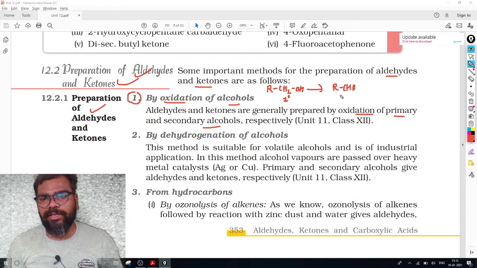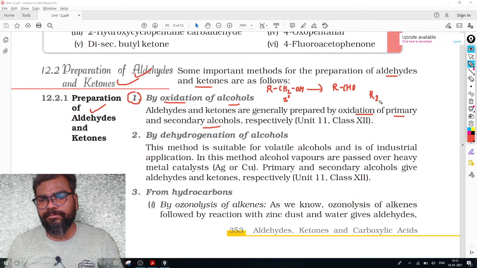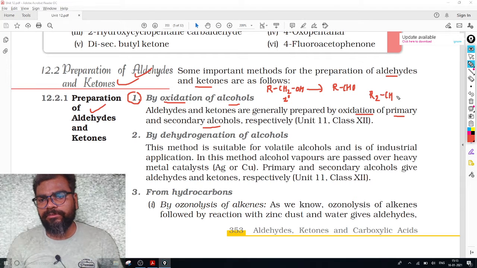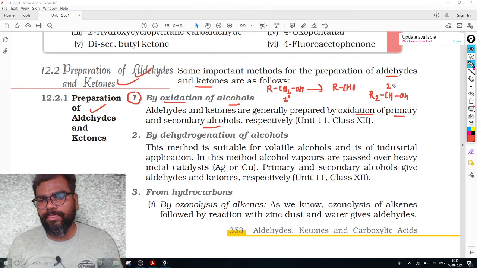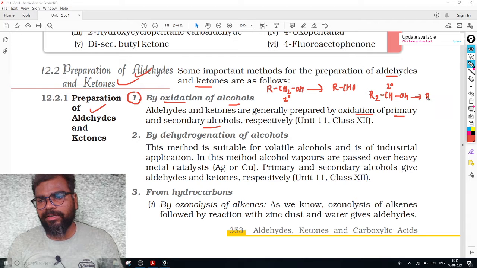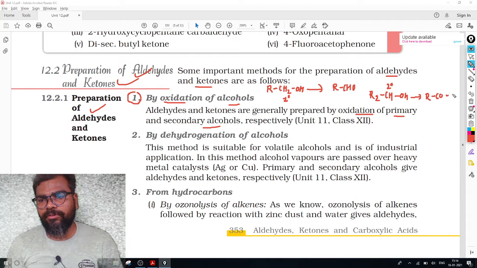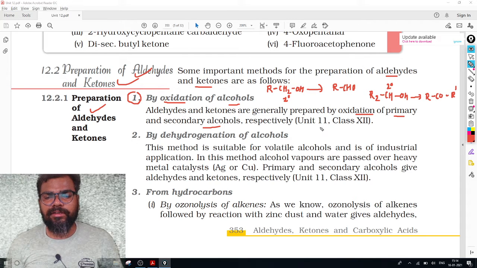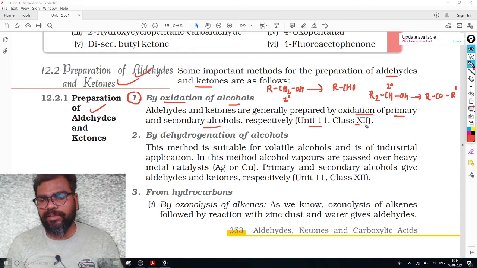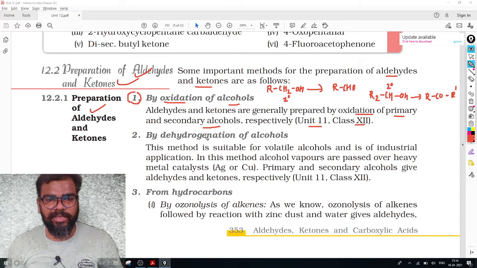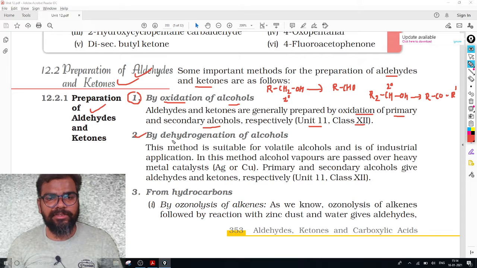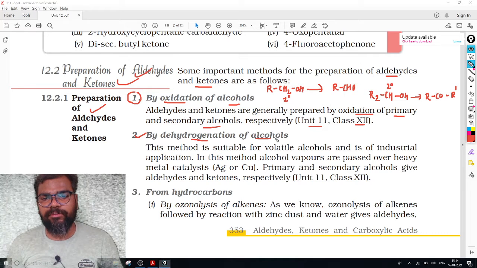If you take a secondary alcohol, then you will get RC=OR', that is the ketone. This we have already finished in unit 11, class 12. Then the second method is by dehydrogenation of alcohol.